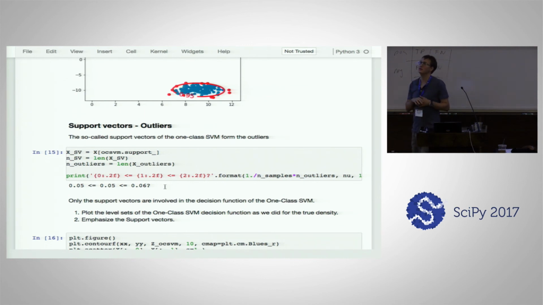Yes? Just a quick question. Wouldn't it be very similar if I basically measure the distance to the center of mass and I just reject 5% of the points? So the question is, can I just compute the center of mass and remove the samples which are far from the center of mass?